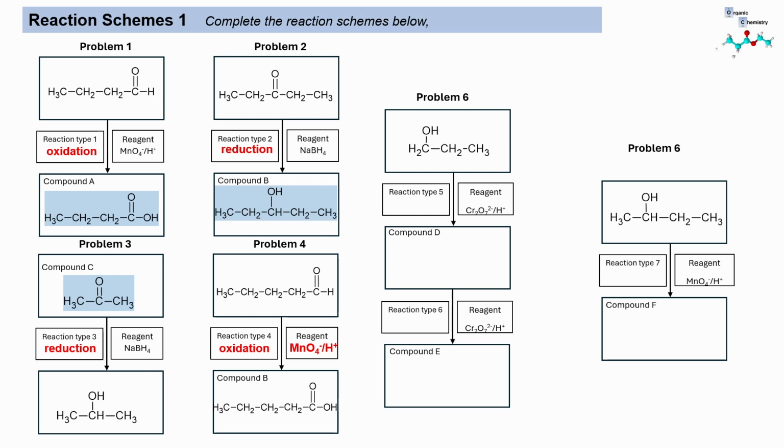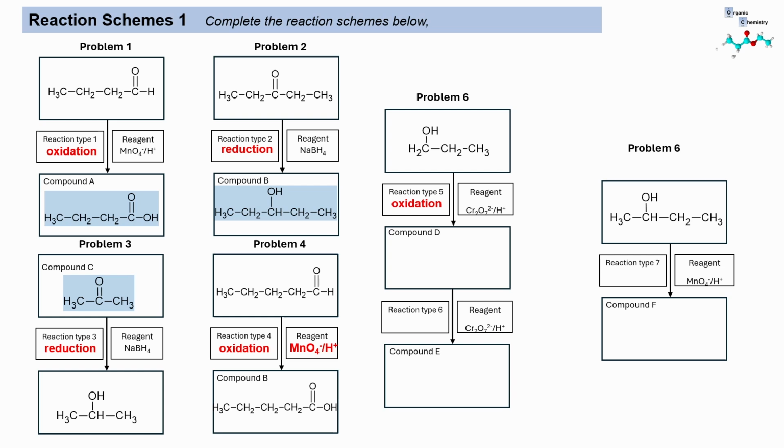Let's look at problem 6. So problem 6, we start with this molecule here. This is a primary alcohol because the carbon that the OH is attached to is only bonded to one other carbon. We can see that the reagent here they have is acidified dichromate. So this is going to be an oxidation reaction. And if you notice carefully, there are 2 steps using the same reagent.